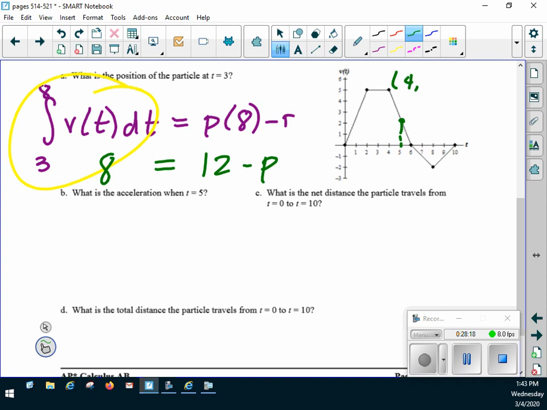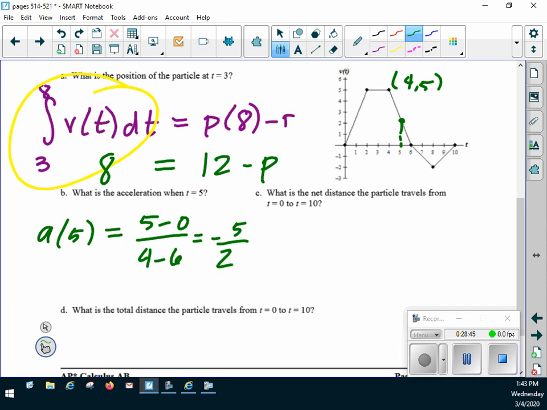So what did we say that was, 4, 5? What is that? Negative 5 halves. 5 over negative 2, 5 halves? Negative 5 halves. So we have a of 5. Yeah, acceleration at 5: 5 minus 0 over 4 minus 6, is that right? Negative 5 halves. Negative 5 halves what? Feet per second, good.